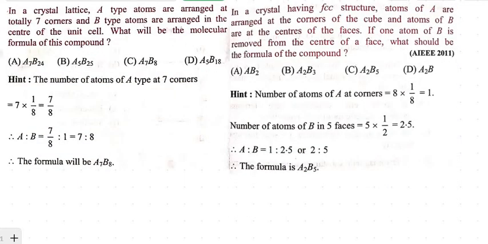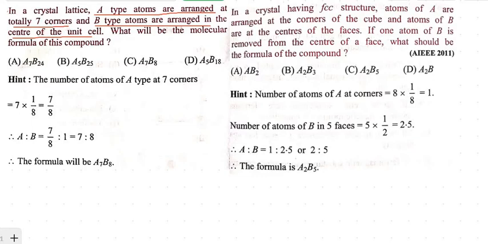Now the next question says that in a crystal lattice, A type of atoms are arranged at totally 7 corners. That means one is missing. B type of atoms are arranged in the center of the unit cell. What will be the molecular formula?